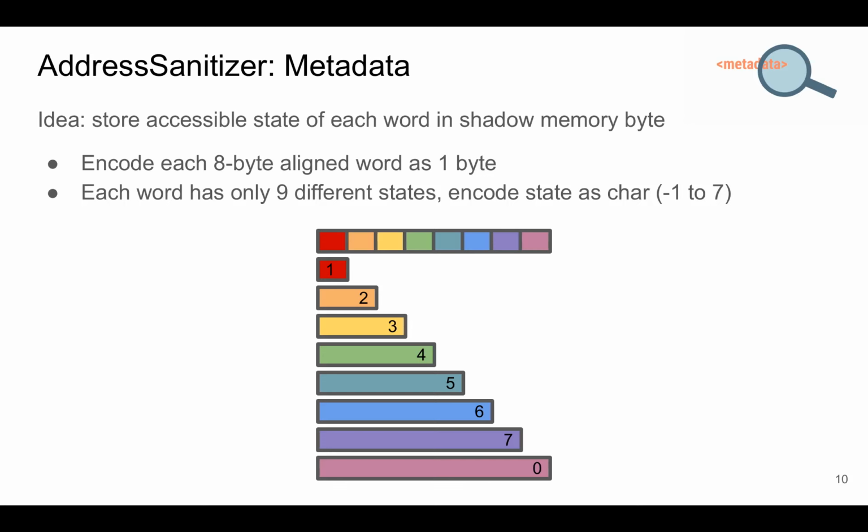Fair enough, right? So this would give us 8 bits, and we could store individual bits. This would give us the opportunity to say that this byte is allocated, this byte is not allocated, this byte is allocated, this byte is not allocated, and so on. So this will give us a very fine-grained access, but we don't need that, right? For any 8 bytes, most of the time either all of it is allocated or nothing is allocated, right?